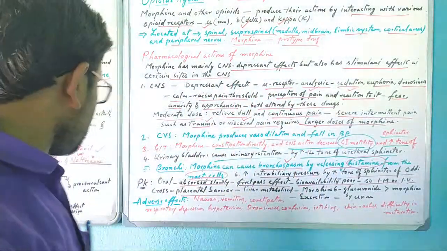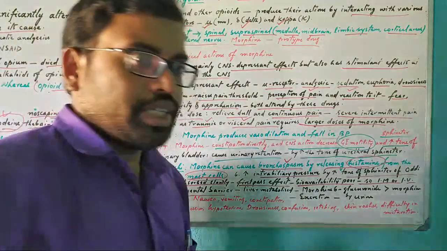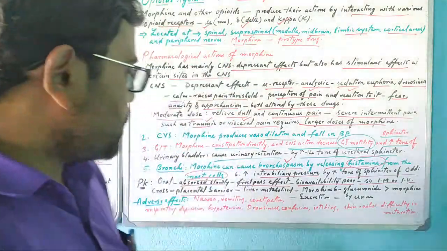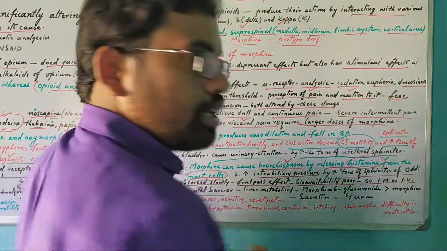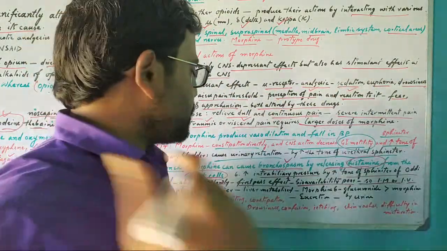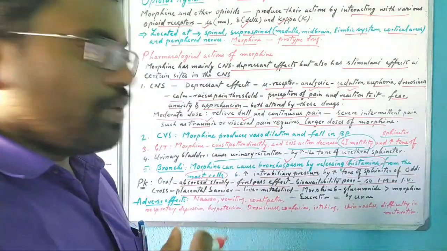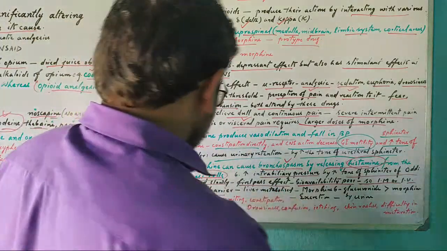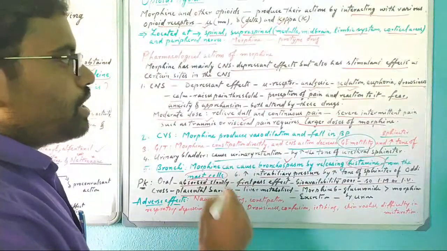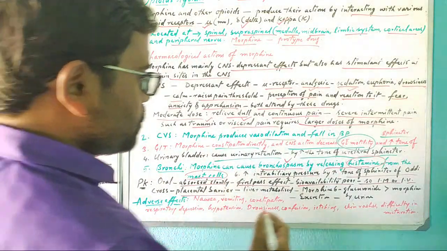I already told you that pethidine is another drug besides morphine, a pain reliever for the mother who is going to give birth. For them pethidine is useful, but morphine is not because it has more side effects.